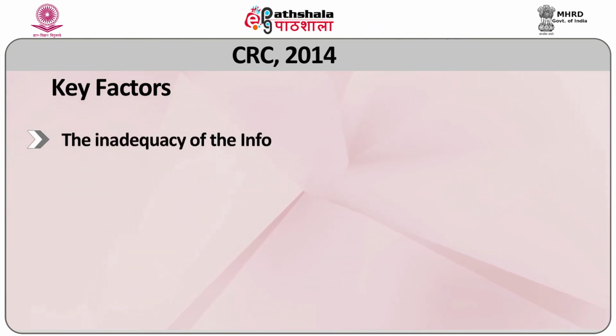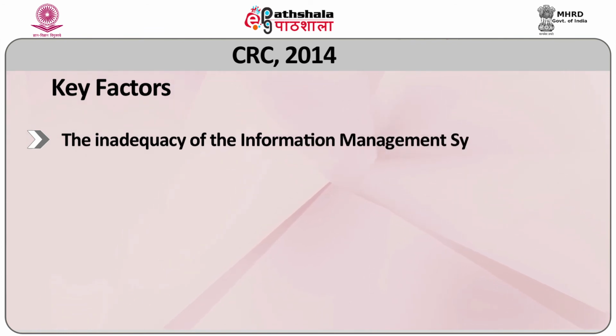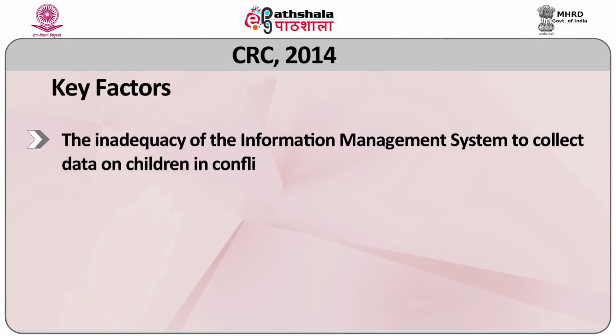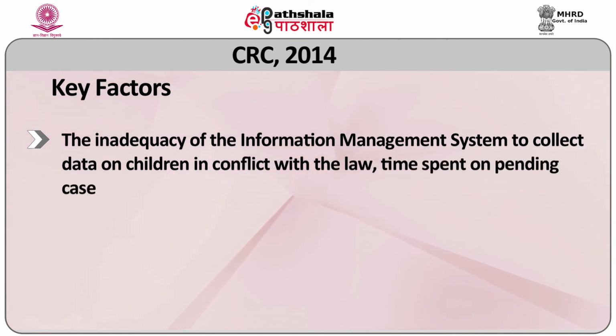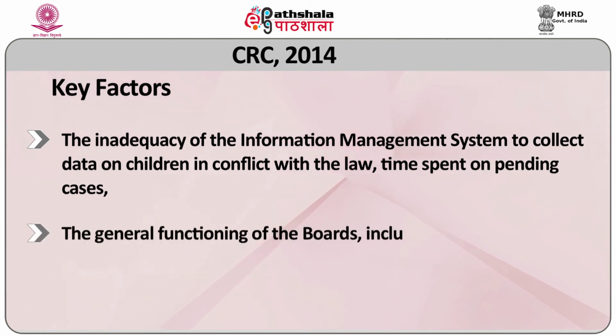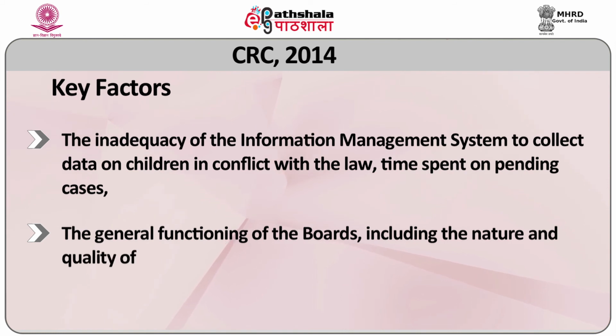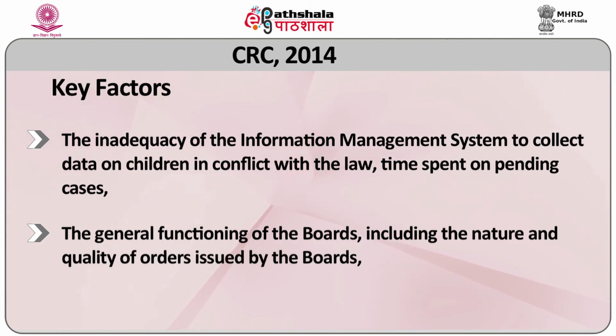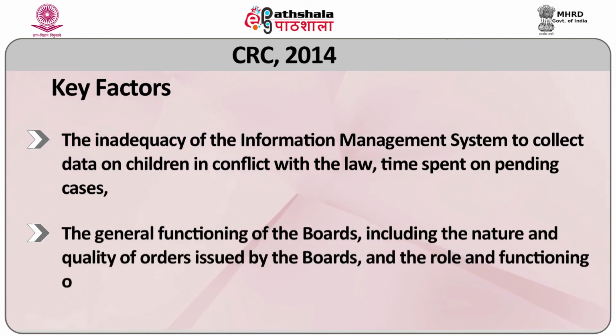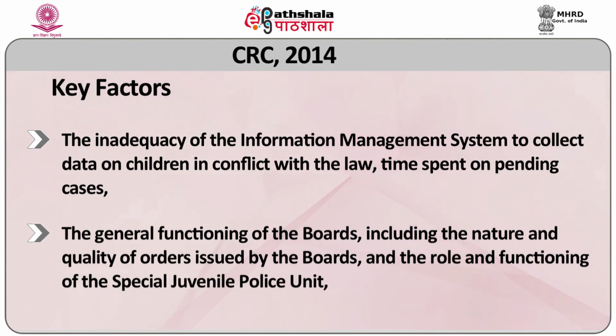The inadequacy of the information management system to collect data on children in conflict with the law, time spent on pending cases, the general functioning of the boards, including the nature and quality of orders issued by the boards, and the role and functioning of the special juvenile police units.